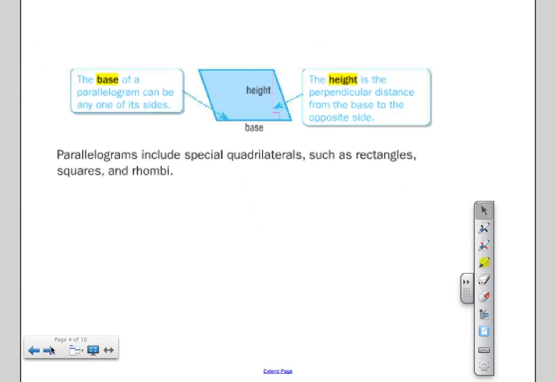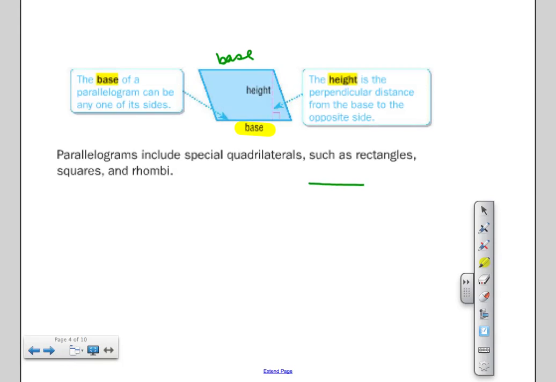All right. Now let's look at this a little more closely. The base in the parallelogram can be on either side. It can be here, or this could also be thought of as the base. It doesn't matter. They're going to be the same length. And you could turn your parallelogram.